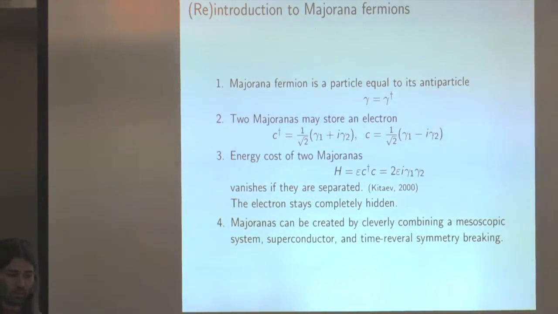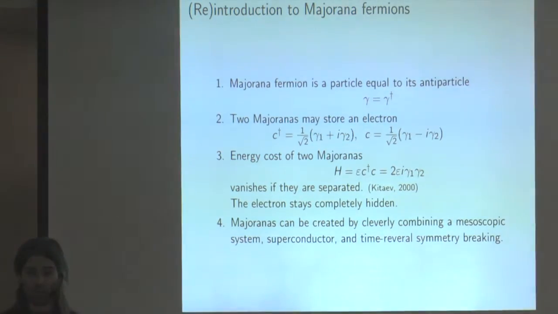It's non-Abelian. Two of these form a single fermion. And if there are only two, then there's only one way to couple them. Namely, there's only one non-trivial Hermitian term combining two Majoranas, and this is this product.